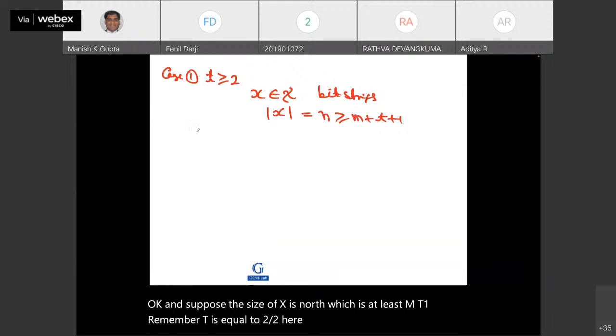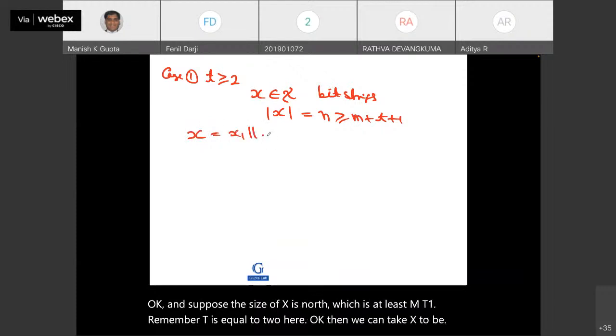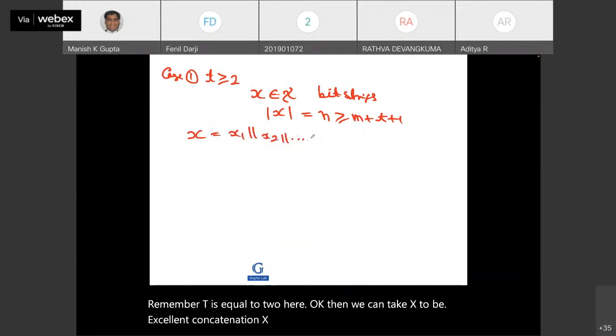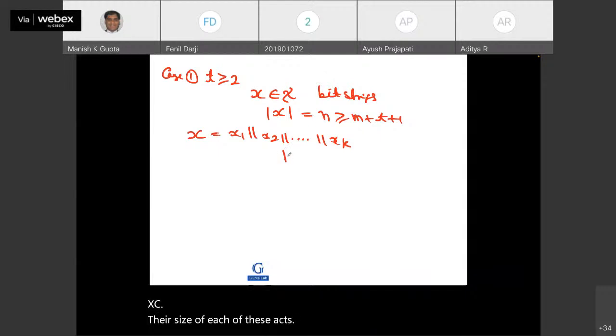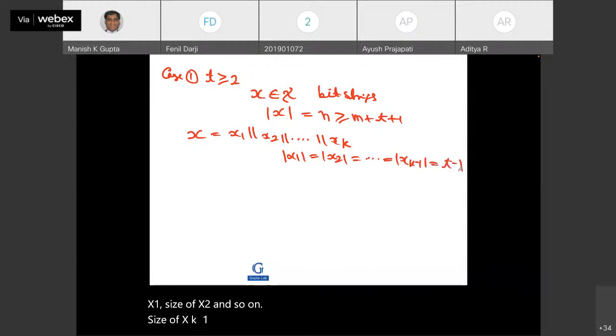Then we can take x to be x1 concatenation x2 concatenation and so on up to xk, where the size of each of x1, x2, and so on up to x(k-1) is t minus 1.